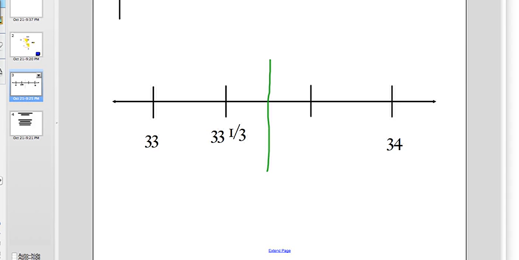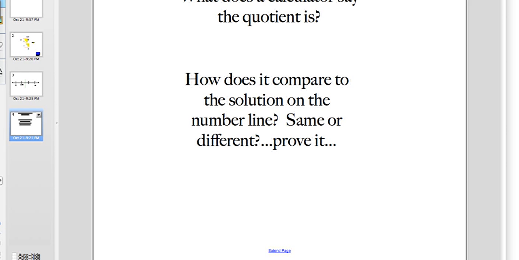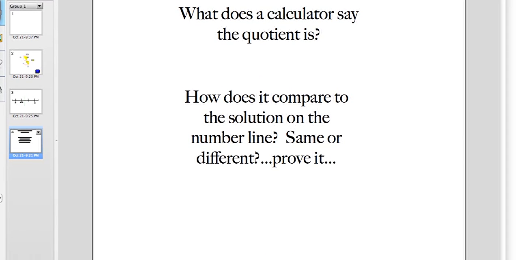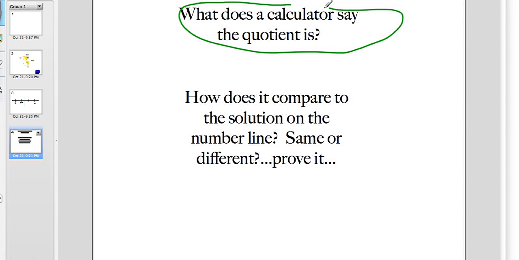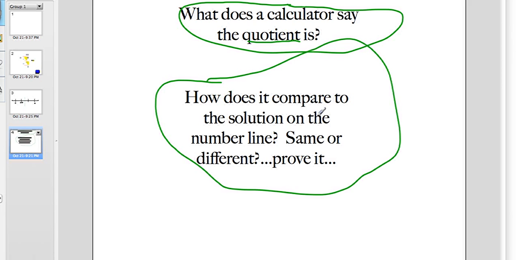So let's go ahead and do one more thing, because this is really cool. Why don't you go ahead and take a calculator and use that calculator in some fashion to figure out the quotient of the problem we were just doing. And then I want you to write about how it compares to the solution on the number line.